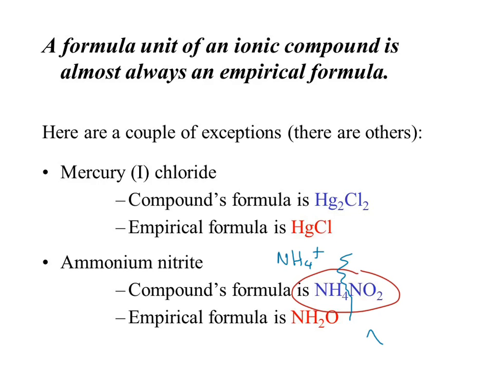NH4+ is an awesome cation. NO2, what's the name of NO2? Is it nitrate or nitrite? Nitrite, exactly. So the name of this is ammonium nitrite.